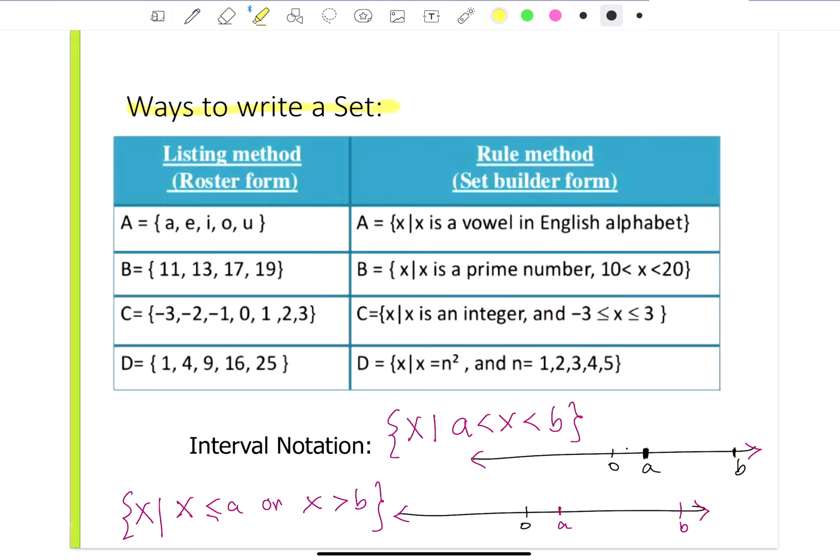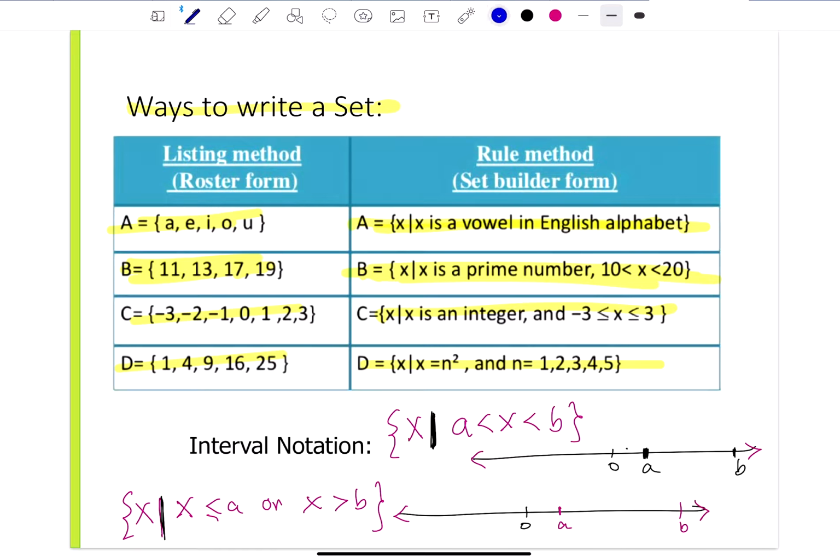Ways to write a set. We can express a set in roster form, or we can express a set in set builder form. So there are two different ways of expressing the set: roster form and set builder form. We can also express a set in interval notation. If you're given a set in set builder form, x such that, this line is read as "such that", x such that x lies between a and b.